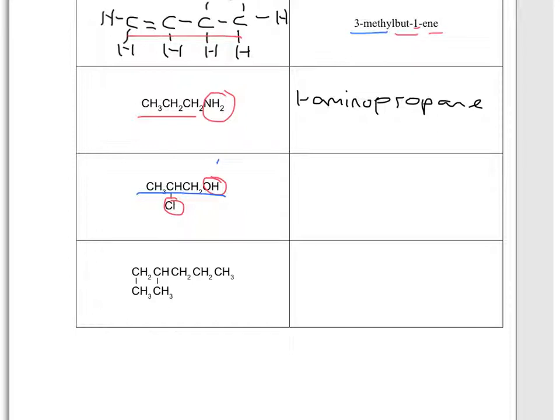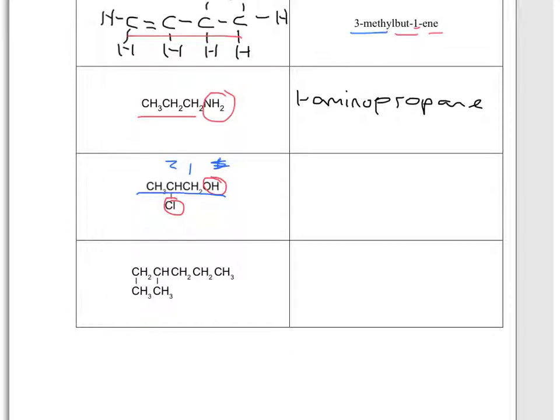Okay, because what we want to do is give the smallest numbers we can to these. So if I number it from the right hand to the left, I get the OH is at carbon number, let me just get this right here. Okay, OH is off number 1, the Cl is off number 2. If I numbered it from the left, the Cl would be off number 2 and the OH would be off number 3.